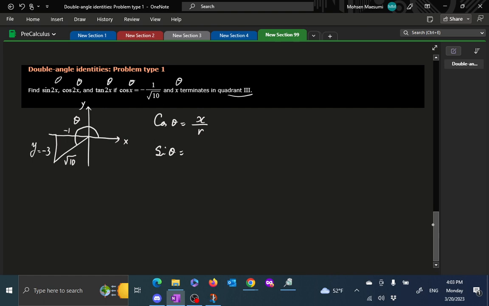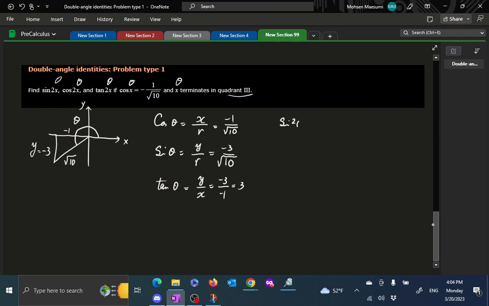Sine is y over r, so it's minus 3 over radical 10. Your x was, cosine was minus 1 over radical 10. How about tangent? The tangent is y over x, minus 3 over minus 1, which is just 3. Okay, let's go after sine.